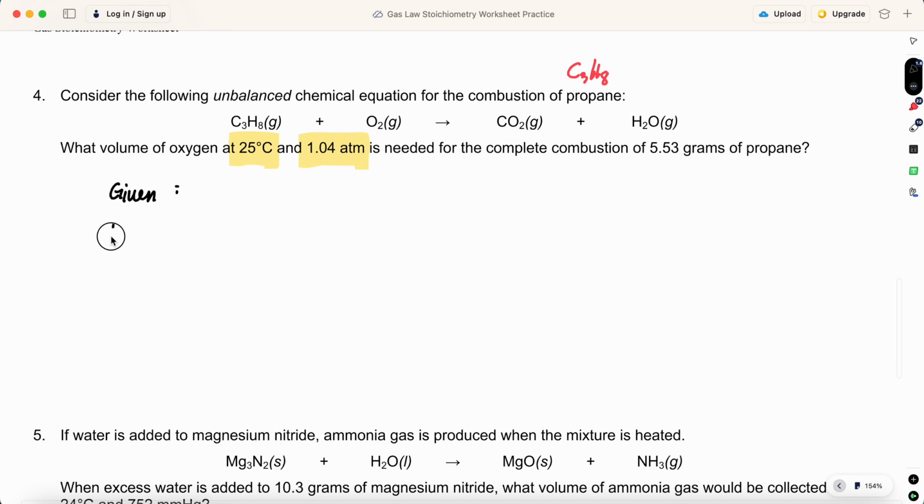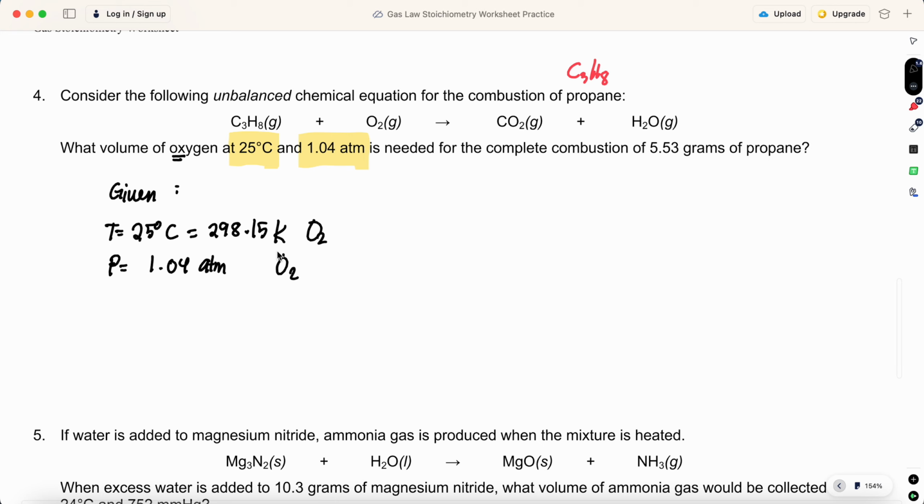So we have the temperature of oxygen at 25 degrees Celsius, which in Kelvin is 298.15 K, and the pressure of 1.04 atm. So this is the temperature of oxygen gas. This is the pressure of oxygen gas.